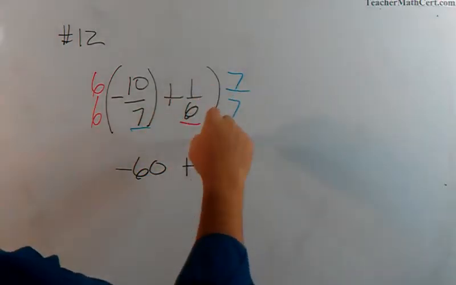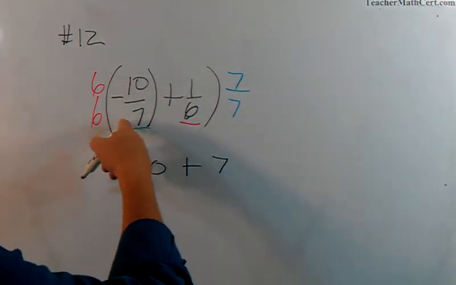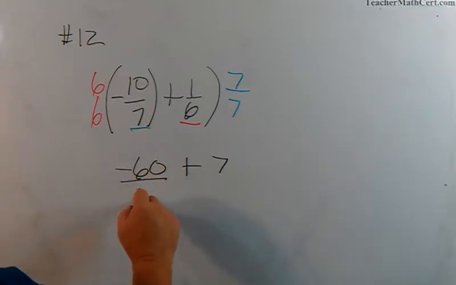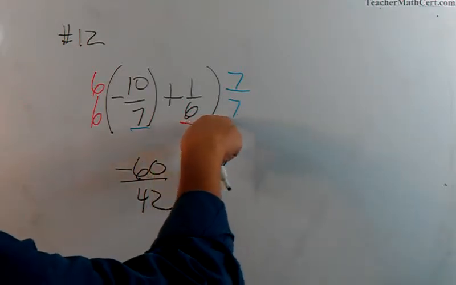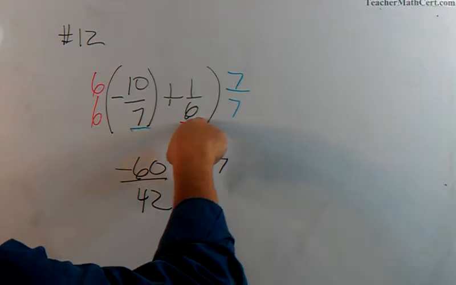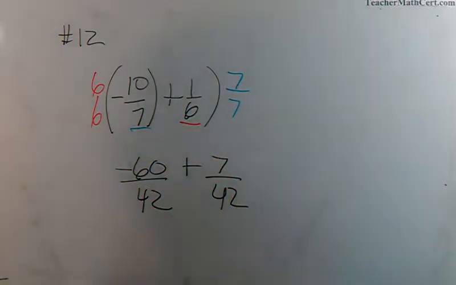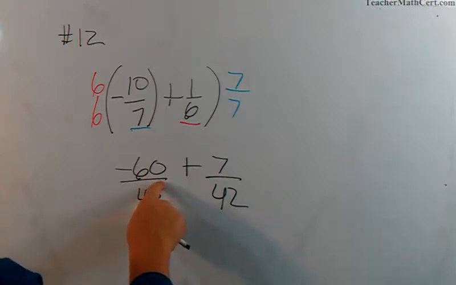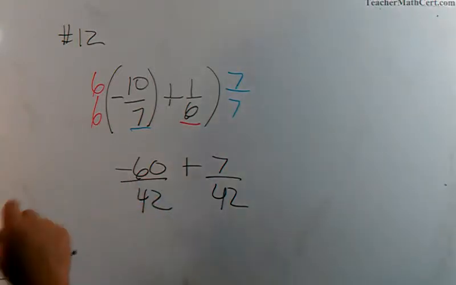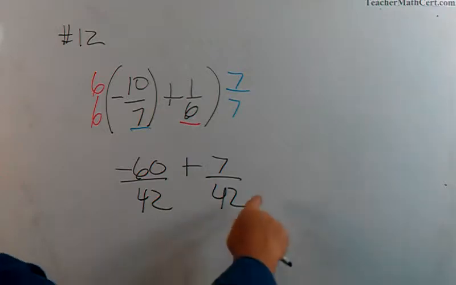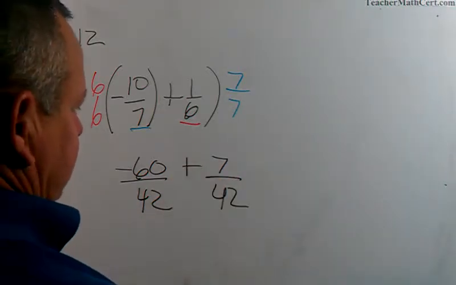Plus 1 times 7 is 7. 6 times 7 is what? The new common denominator, which is 42. Notice that the numbers on the bottom are always going to be the same. 6 times 7, 42.